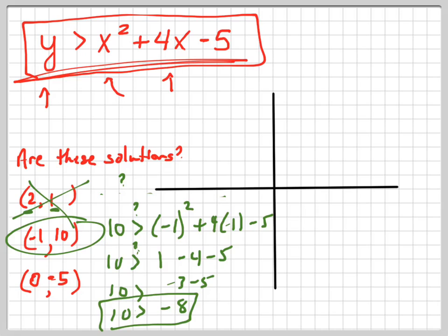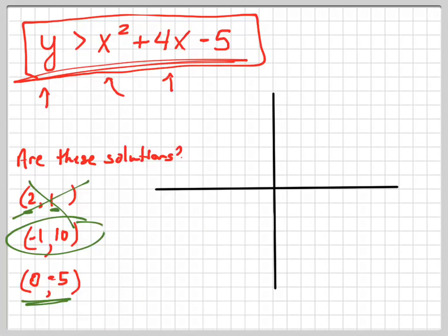And then let's do this last one here. 0, -5. If I plug in 0 for x and -5 for y, I would have -5, again plugging that in for y, is greater than, I'm asking myself, is this greater than 0 squared plus 4 times 0 minus 5?